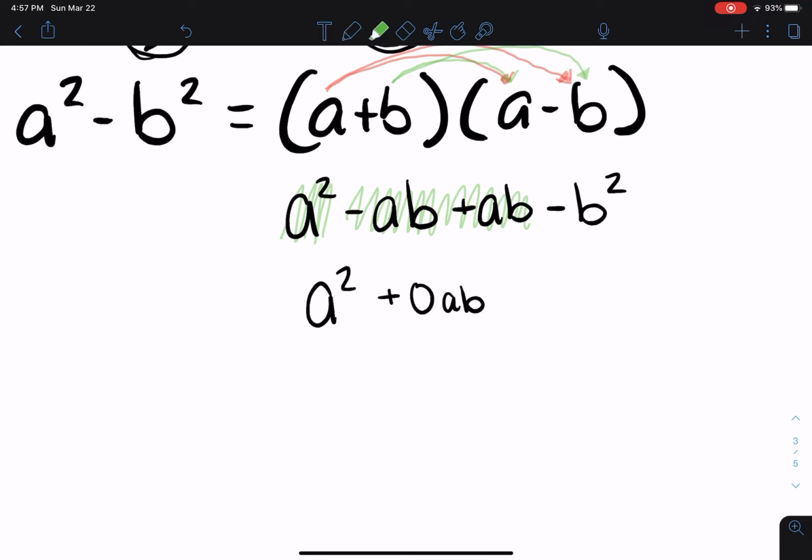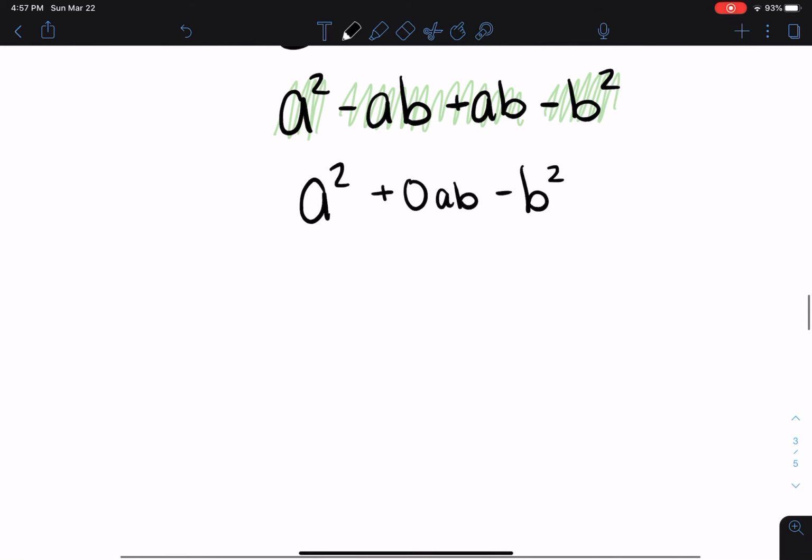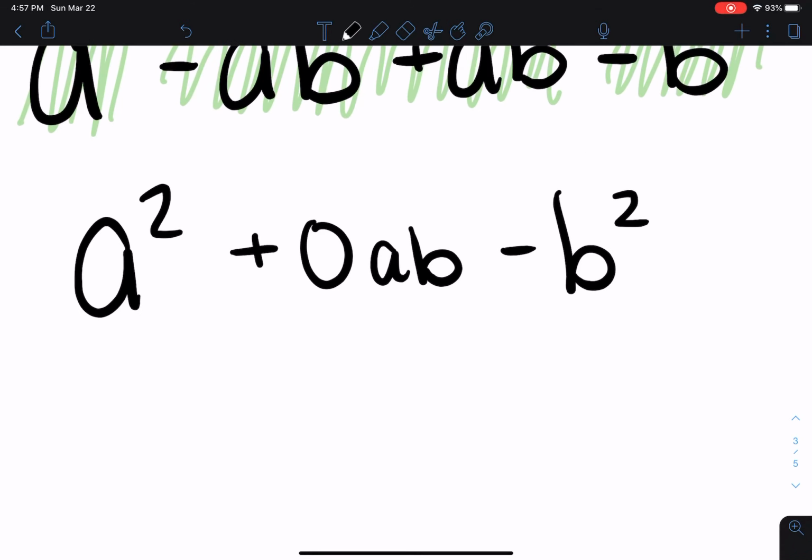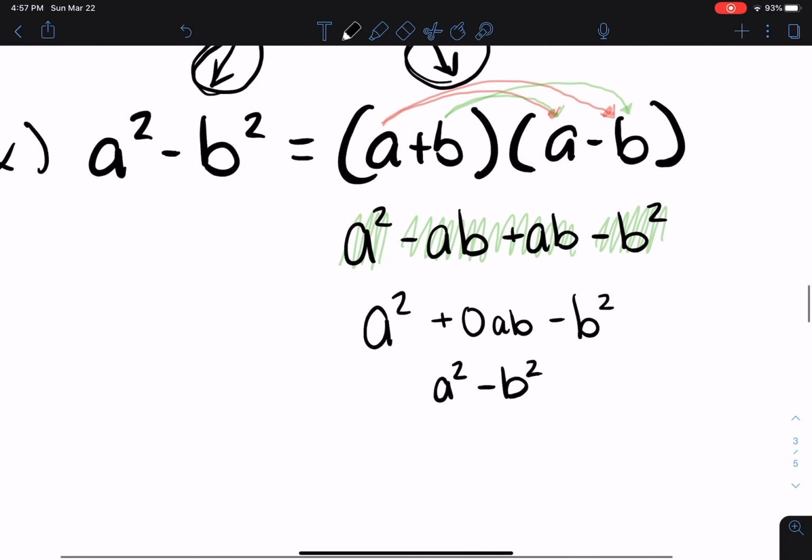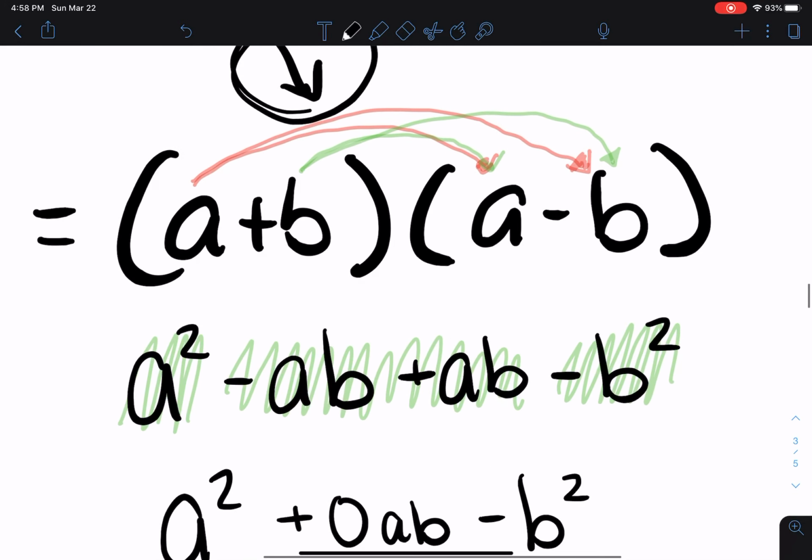And then lastly, I have negative b squared. So negative b squared comes down by itself. 0 ab is the same as 0, right? So we can just get rid of that. So we can bring down a squared minus b squared to be what this right side would be if we would multiply and simplify. Okay, so that's what we did.